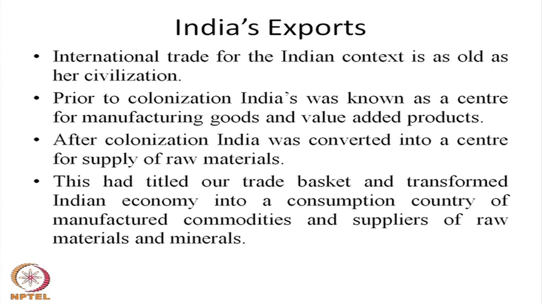After colonization by the Britishers, India was converted into a center for supply of raw materials. Indian foreign trade was destroyed by the Britishers knowingly. They knew that India was more towards value added export, which would affect their own interest. Because of this reason, India was converted into a raw material supplier to the rest of the world rather than a manufacturing center.